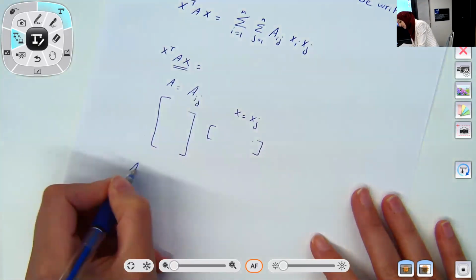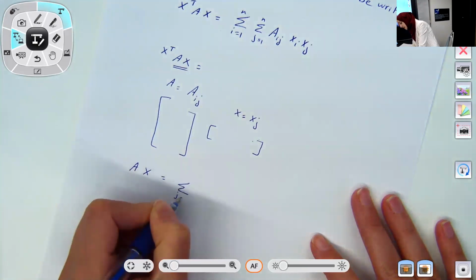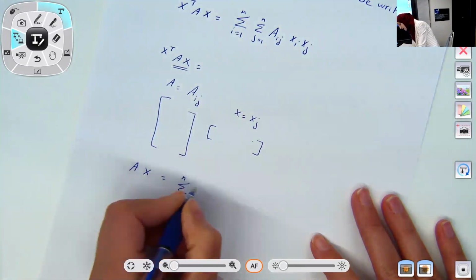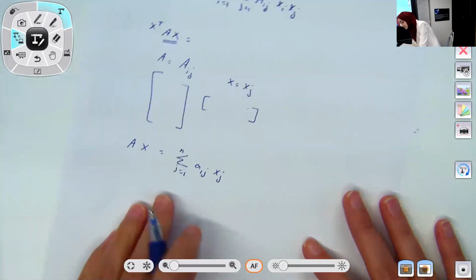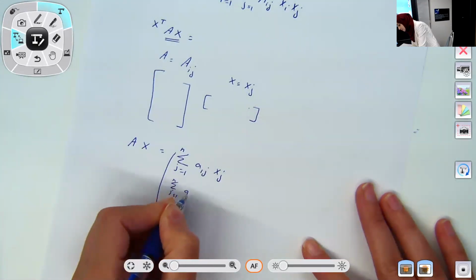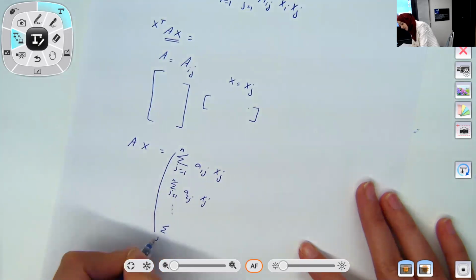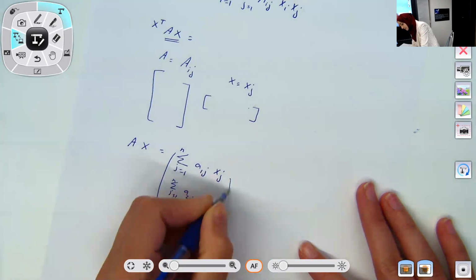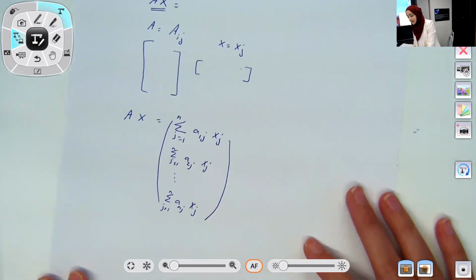If you try to multiply A times x, we need to multiply this matrix with this vector, each row by the column. This will give you the summation from j equal 1 to n of A_1j times x_j. The second one, the summation from j equal 1 to n of A_2j times x_j, until the summation from j equal 1 to n of A_nj times x_j. This is the first vector, if you multiply A times x.